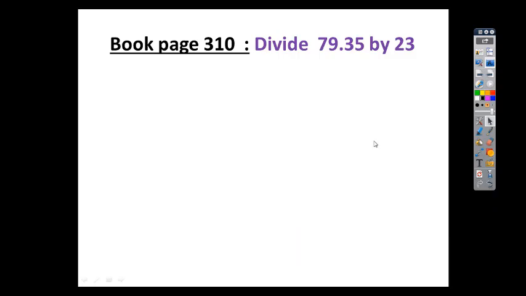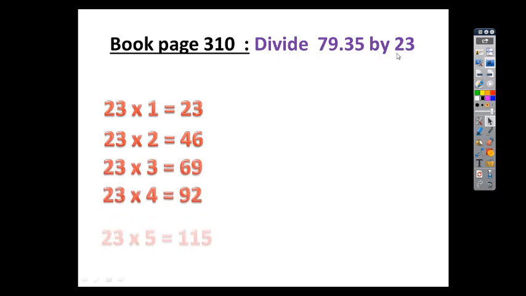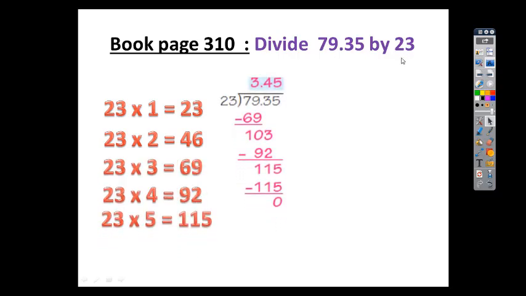If you want to divide 79.35 by 23. Here, this is the dividend and this is the divisor. The divisor relates to the table, so we need the table of 23.